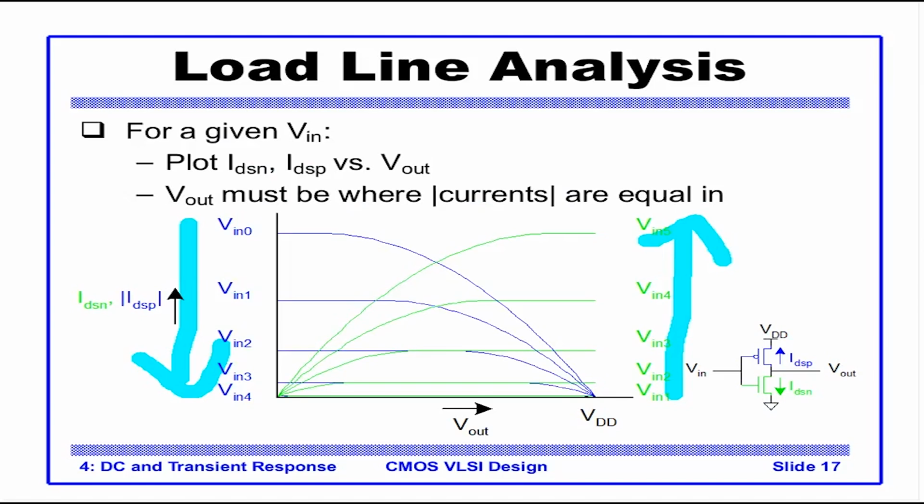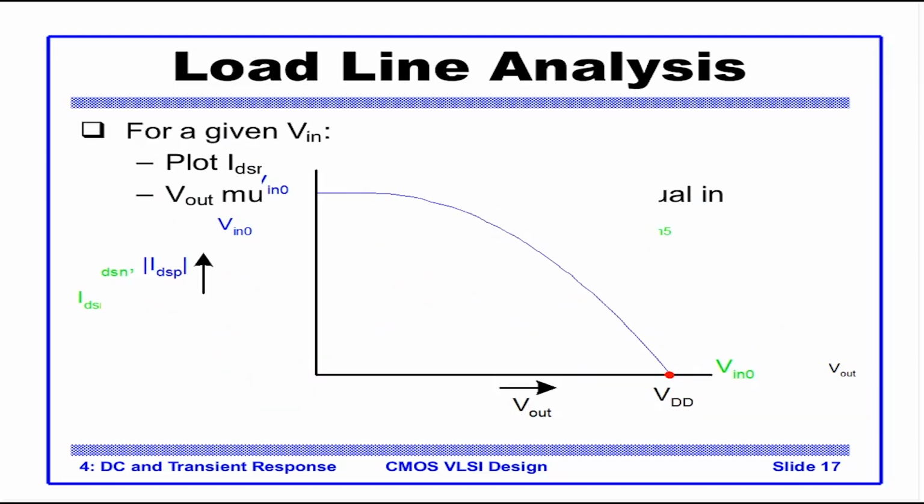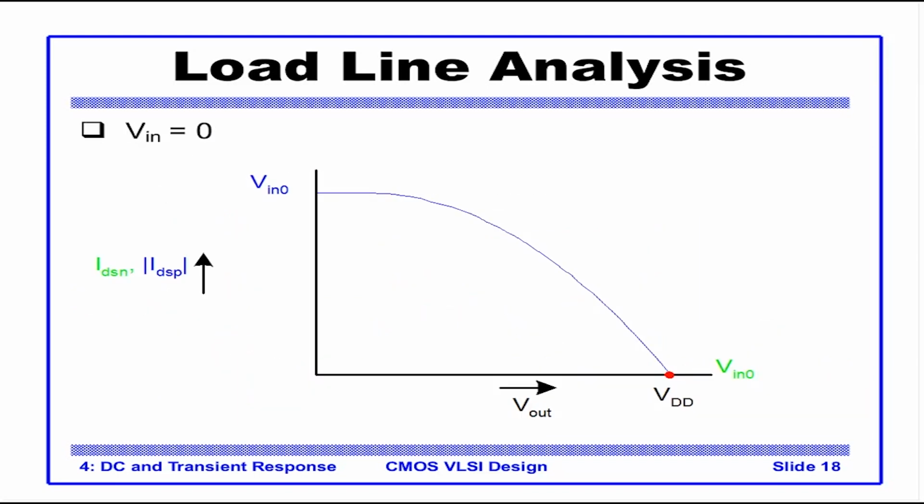So when V in is 0, the output voltage is VDD, the PMOS is turned on, the NMOS is turned off. So for this graph you don't see any green line, you only see the blue line, which is represented by PMOS. When V in is 0, V out is VDD. So this is the curve.